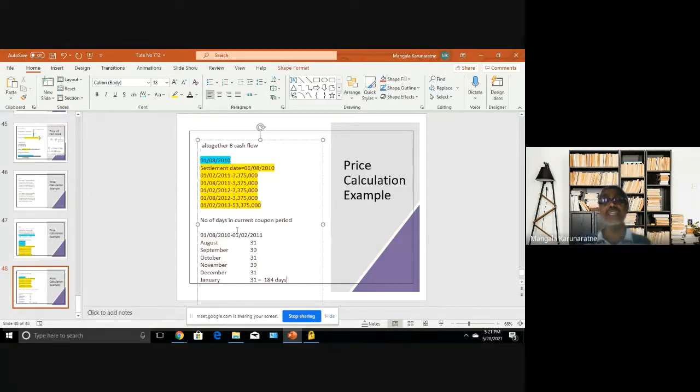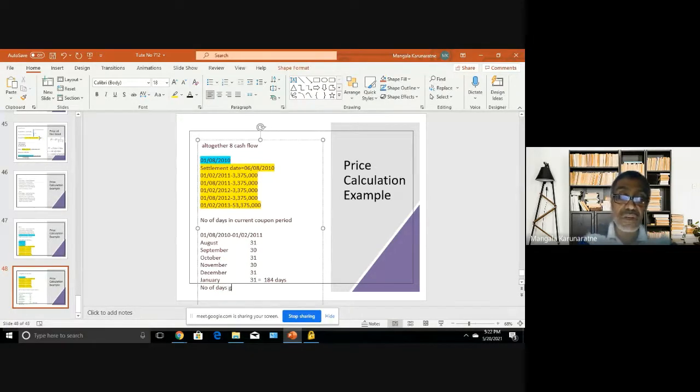Now our settlement date is 6th August 2010. So how many days have gone? Can someone answer? Number of days, or we can say holding period also, days gone.